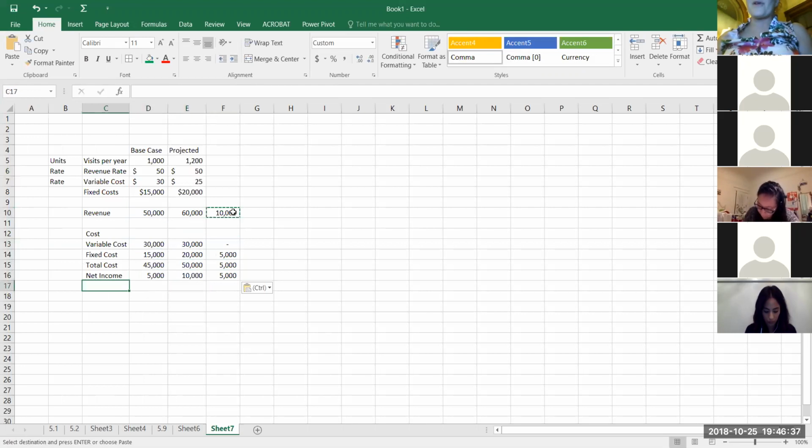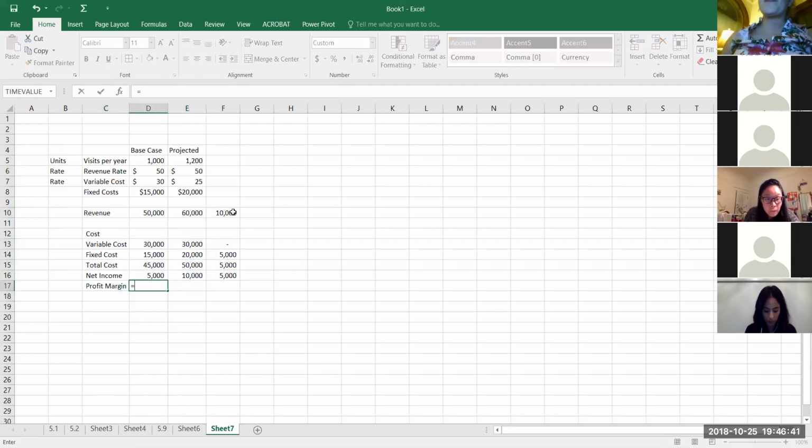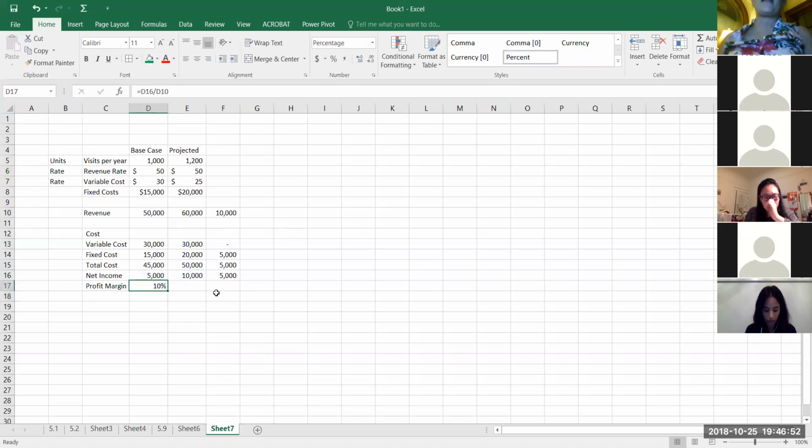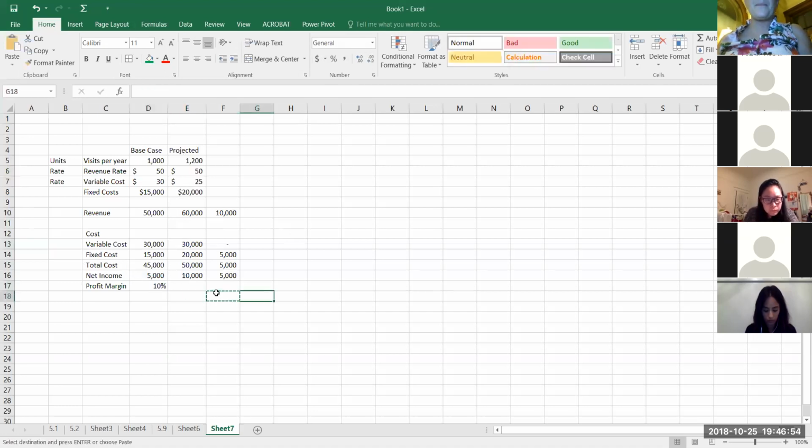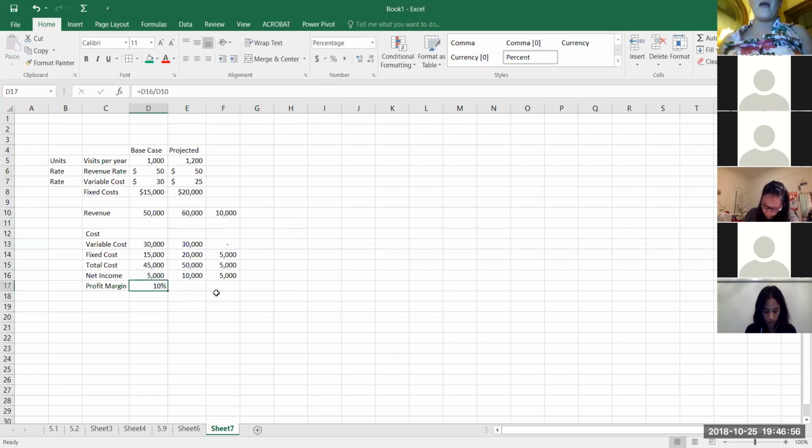Why don't we take the profit margin and see what the percentage is. You take the net income of 5,000 divided by the revenue, and we look at the percentage. That's 10%. That's what we were making in our base case. And now with this new scenario, we're making 17%.